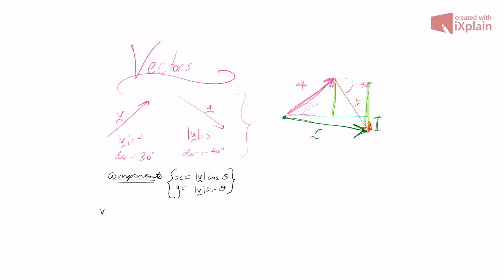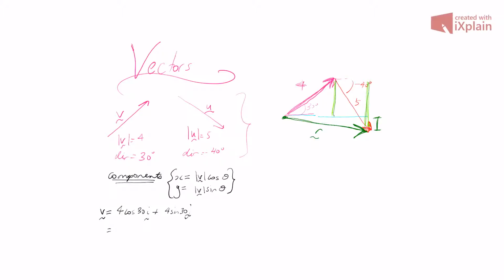So if I start with V, we look at the i direction. We're going to have an x component, so it's going to be 4 cos 30 i plus 4 sine 30 j.